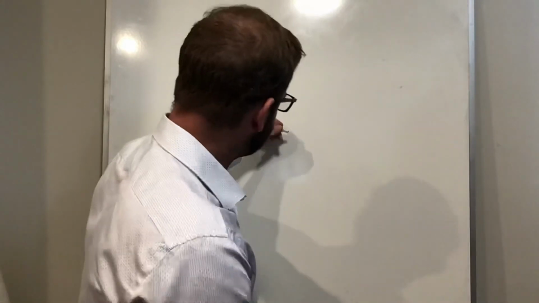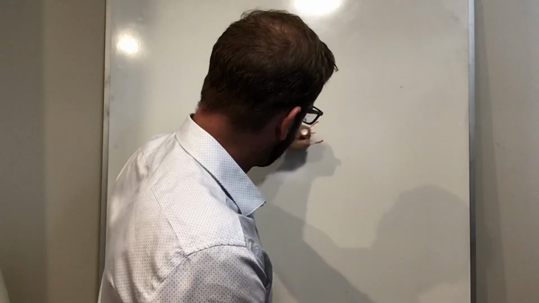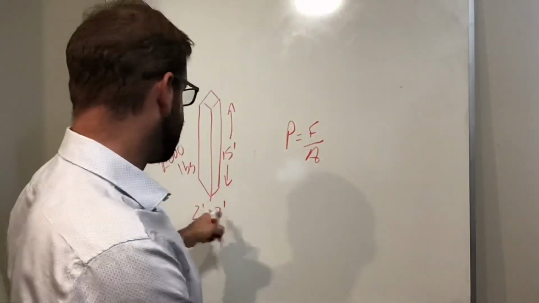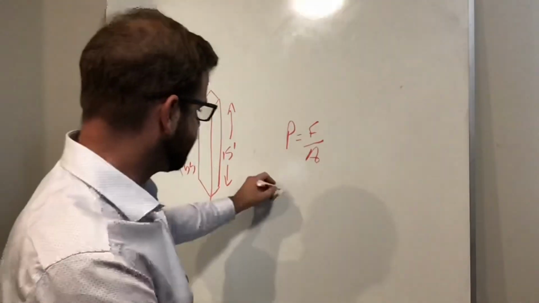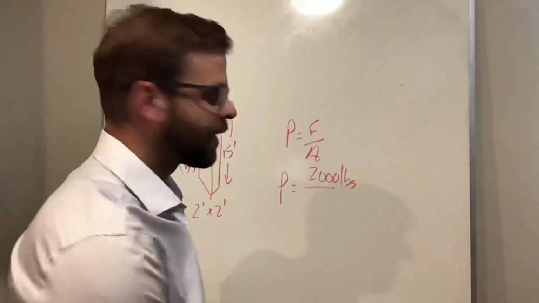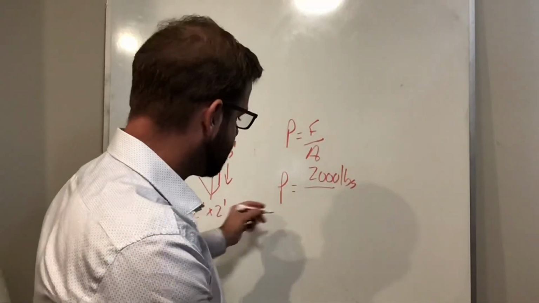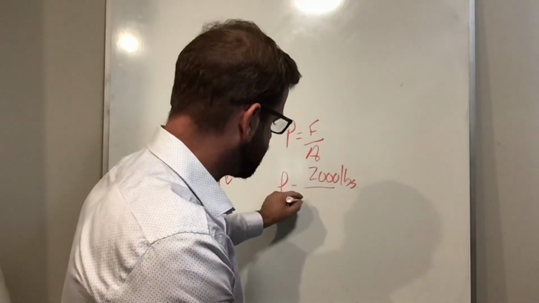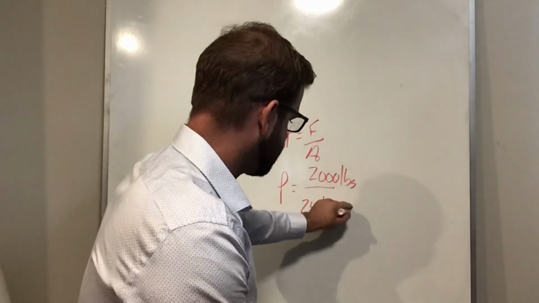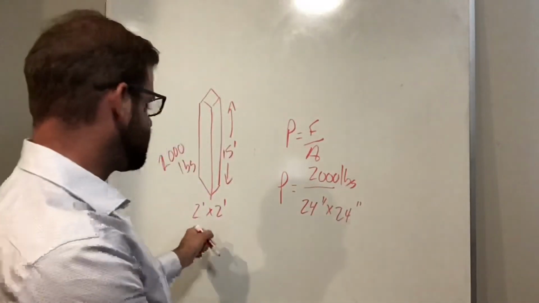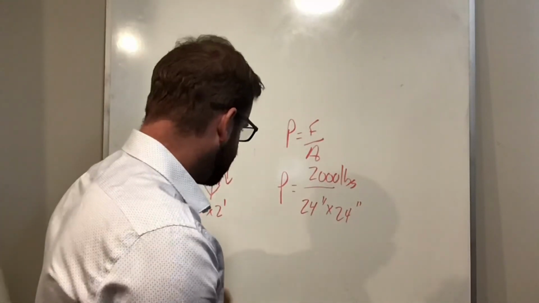So firstly, P is equal to F over A, and we're going to be looking at it in this configuration here, so 2 feet by 2 feet, 2,000 pounds, and 2 feet by 2 feet is actually, you got to make the distinction, 24 inches by 24 inches, right? Because we've got 2 feet, we need to do this in inches, not in feet.